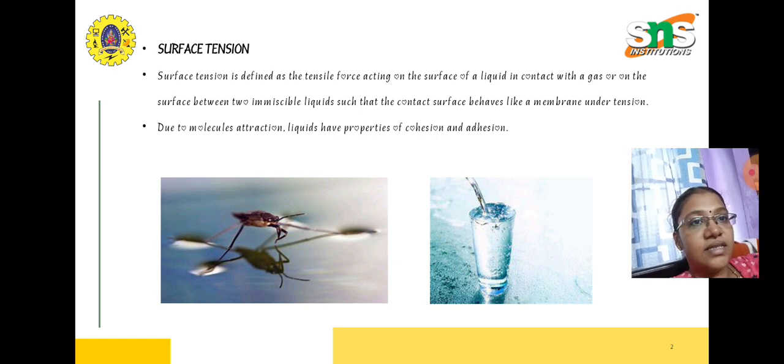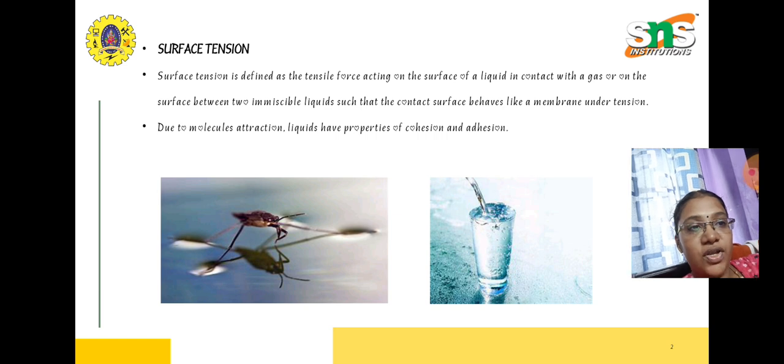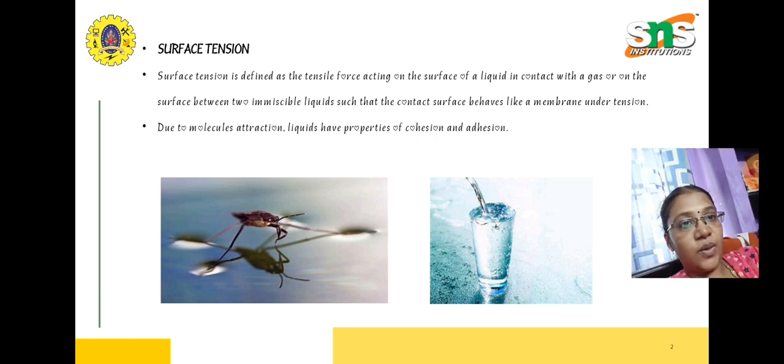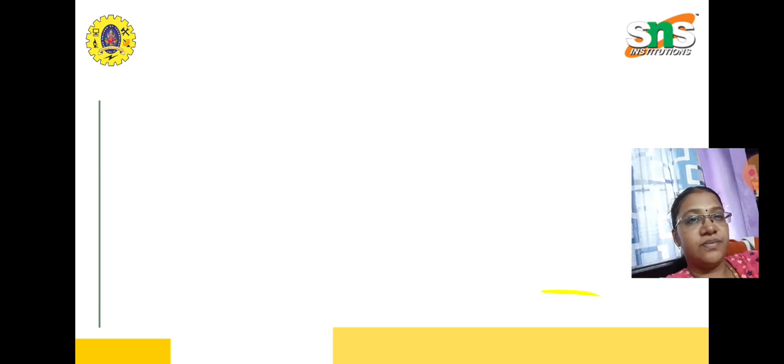Such contact surfaces will behave like a membrane under tension. Due to this, the molecules get attracted and the liquids have properties of cohesion and adhesion. This we call the surface tension.